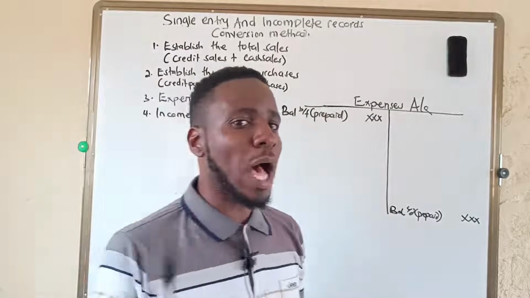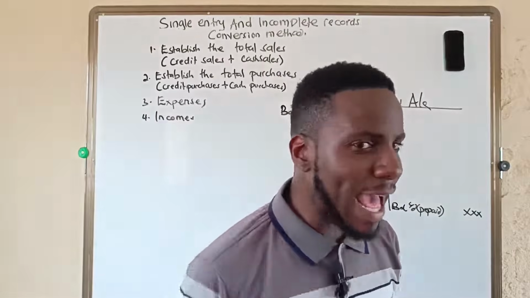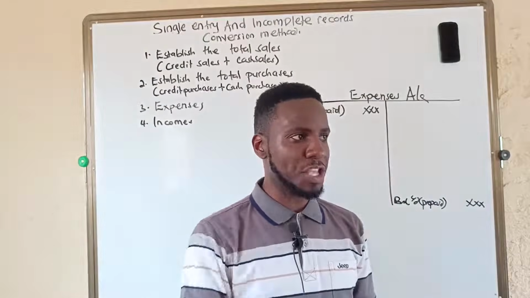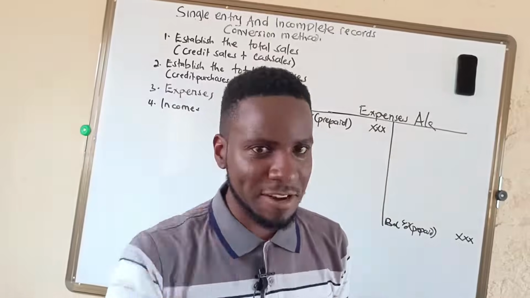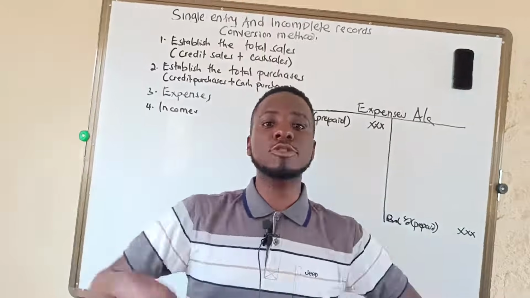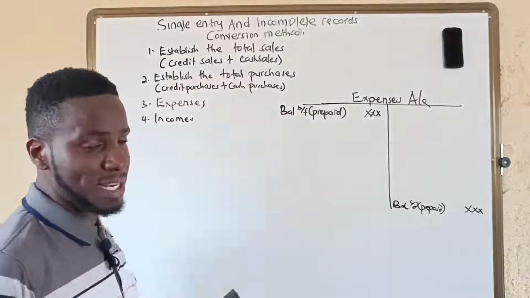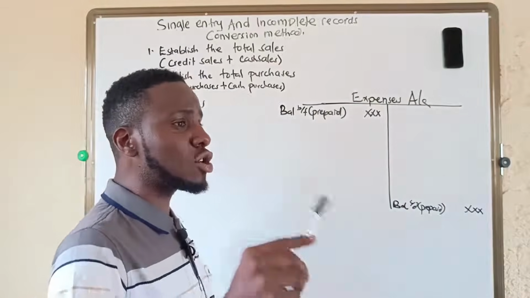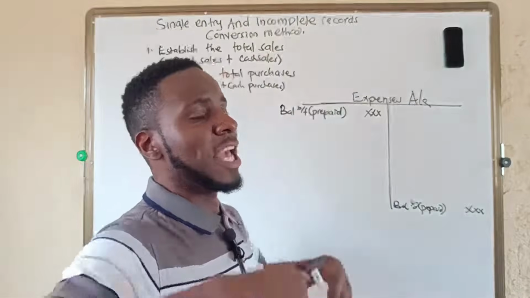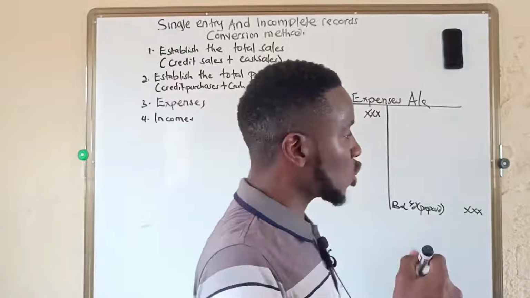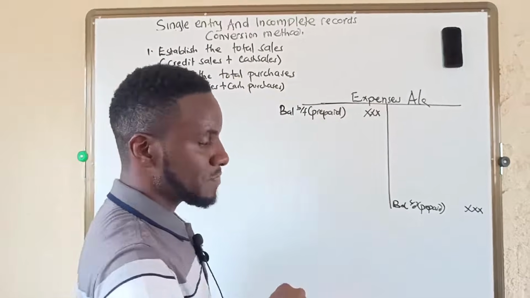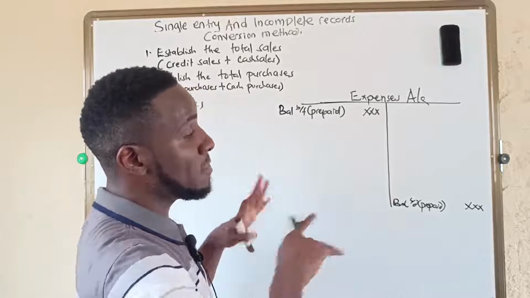But we can also have an item, an expense that is owing. For example, we can have salaries that are owing, that are outstanding. So if something is outstanding, remember, this is a liability. So if it is a liability, I told you that liabilities always have a normal credit balance. So if it's the other way around, and you find an expense, for example, you can have very many expenses.